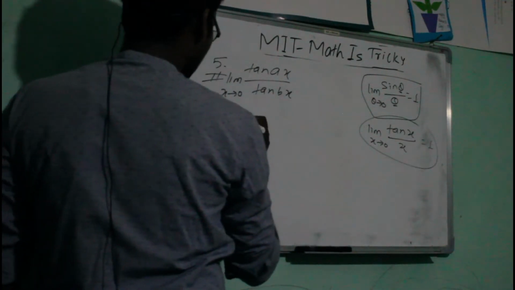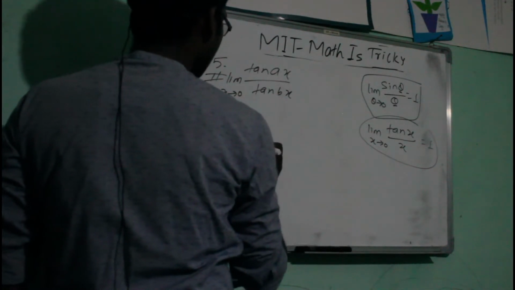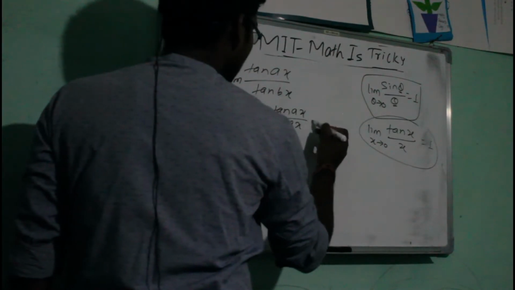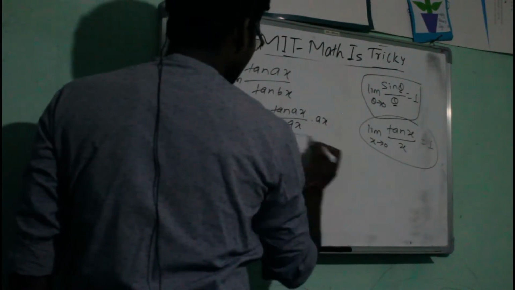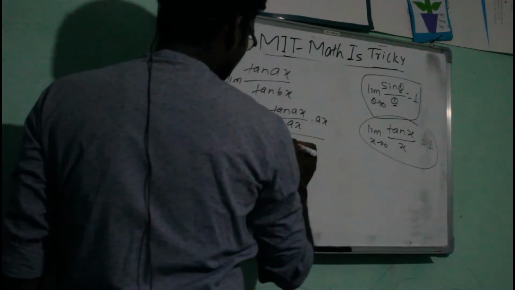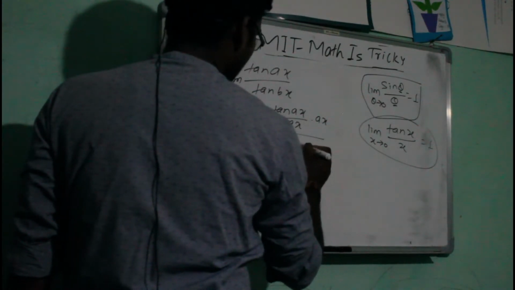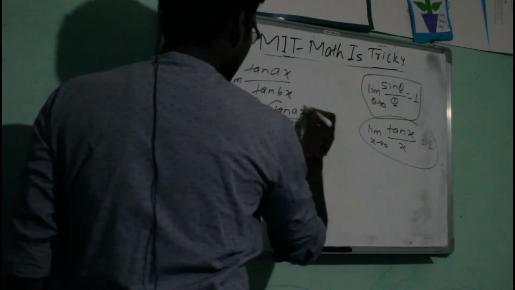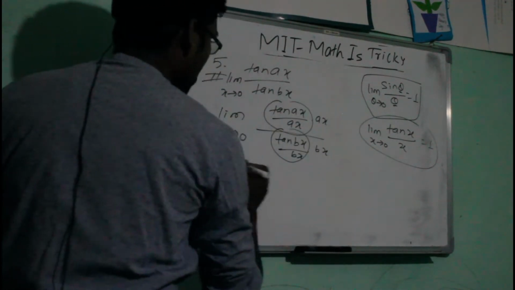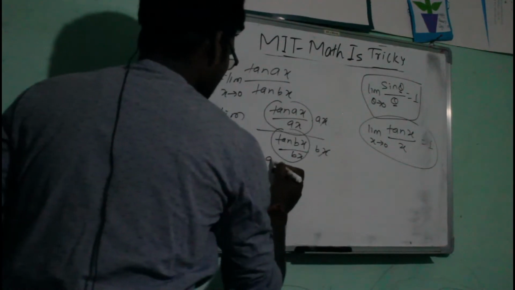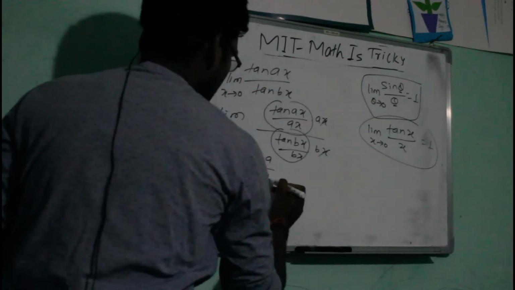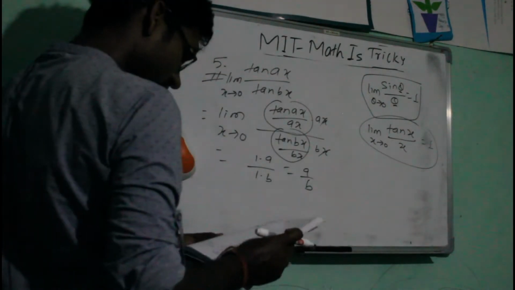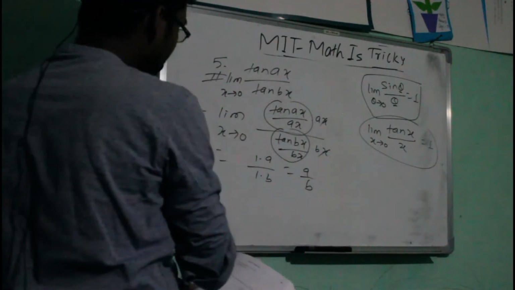So we can write it like this: limit x tends to 0, tan ax by ax, balanced by putting ax, and tan bx by bx into bx. Similarly this is going to be 1, this is going to be 1, and x and x cancel, so 1 into a by 1 into b. Our answer is a by b. Let me take one more problem.